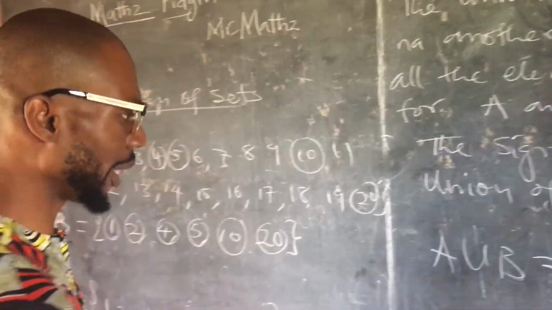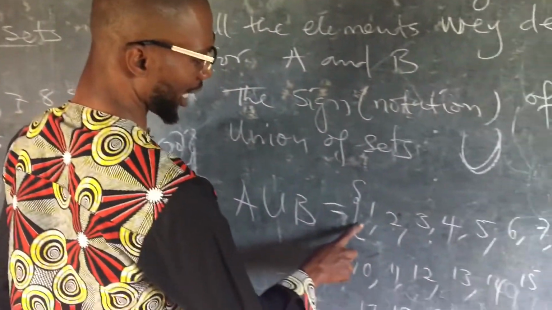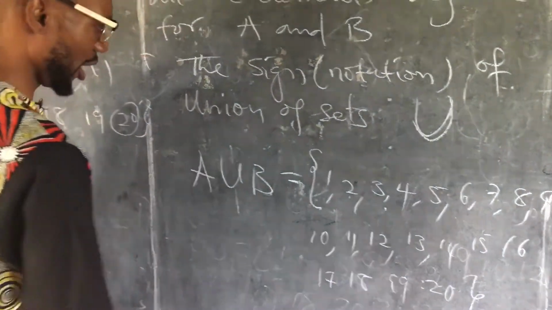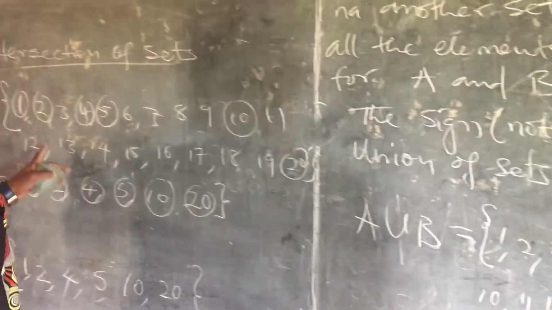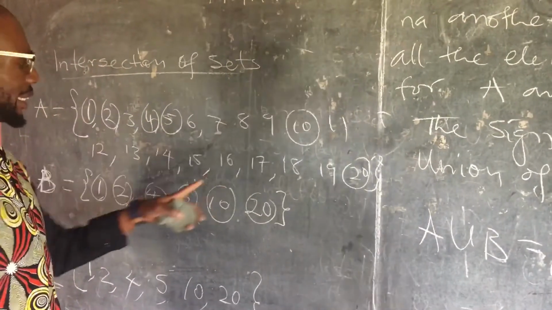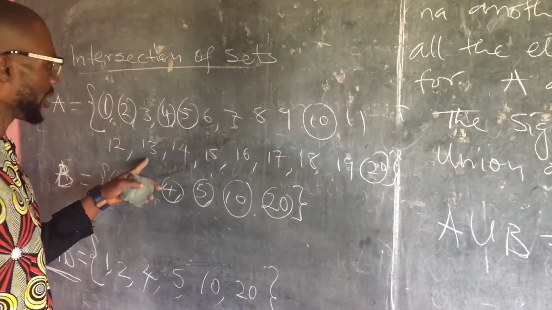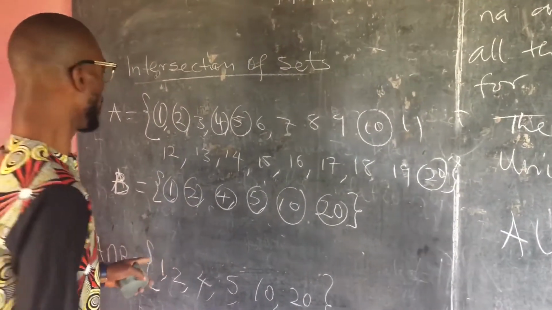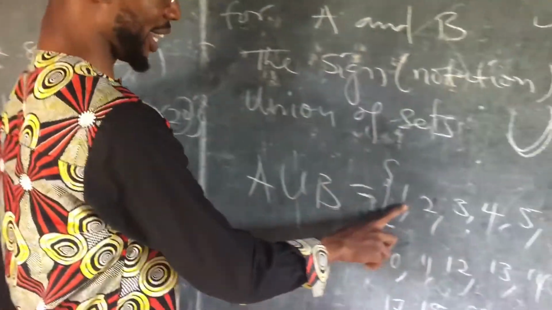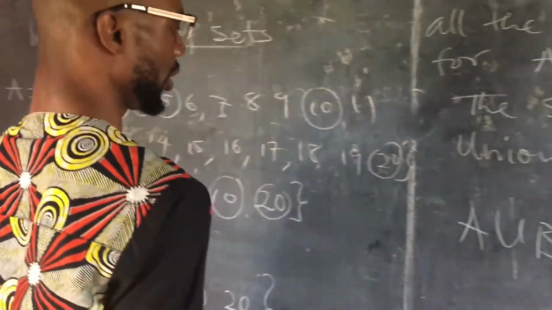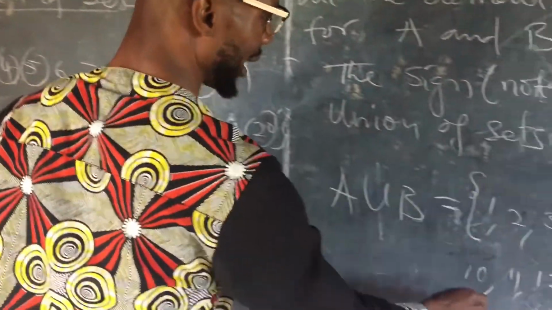Now, see wetin happen. I don write all these ones. Abi, this A union B come be like say na the same element wey A get, na I write. Abi, make una no confuse am o. So since I get one for here, I get one for here, if I just pick one, write am for here, I don write am be that. So no be say you go come write 1, 1.